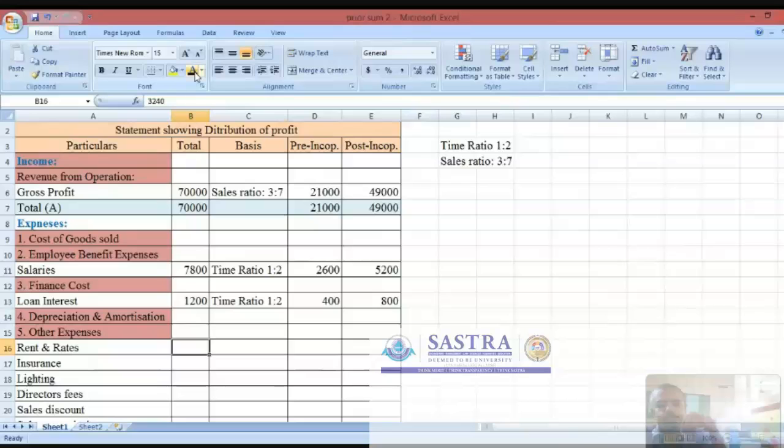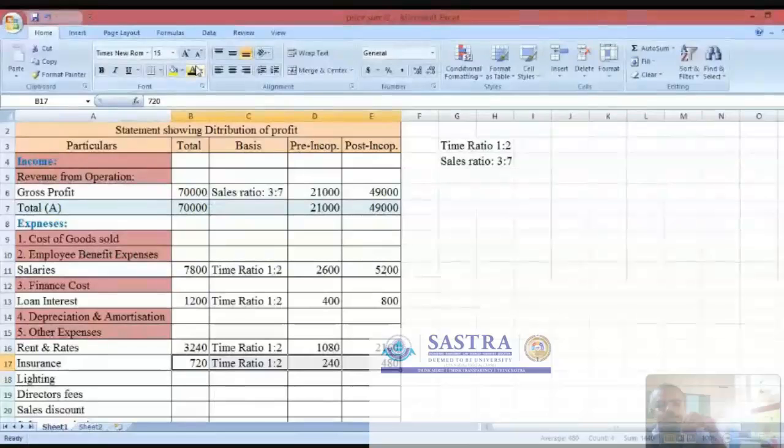Rent and rates, as I said, is a time ratio. Insurance is a time ratio. The total insurance amount is 720. 720 divided by 3, 240, is pre-incorporation. 720 divided by 3 into 2, 480, is post-incorporation.